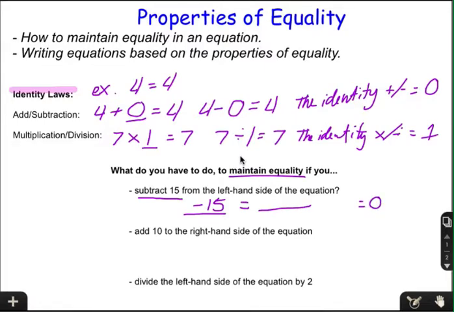So I need to make sure whatever I do on the right side of the equation gives me 0. So negative 15 plus 15, adding 15 to the right side of the equation, will get me 0. Right? So if you subtract 15 from the left-hand side, I'm going to add 15 to the right. Great.